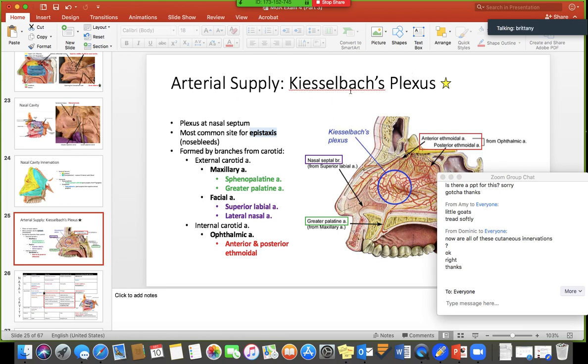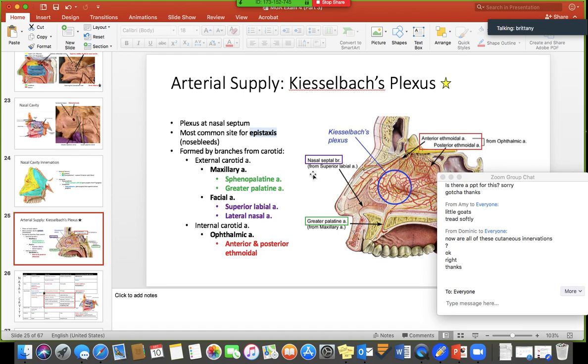But right here, okay, here's a potential question with a clinical correlate. Kiesselbach plexus: if you have a kid or potentially an adult who sticks their finger up their nose and scratches this nasal mucosa, this area in the nasal cavity is very highly vascularized, and this can lead to epistaxis or a nosebleed.